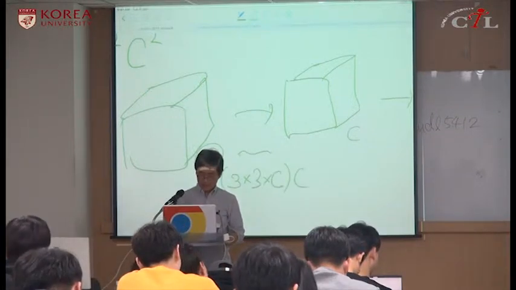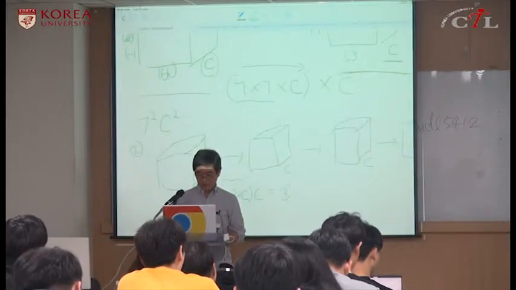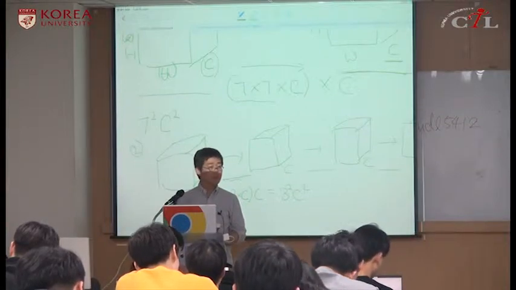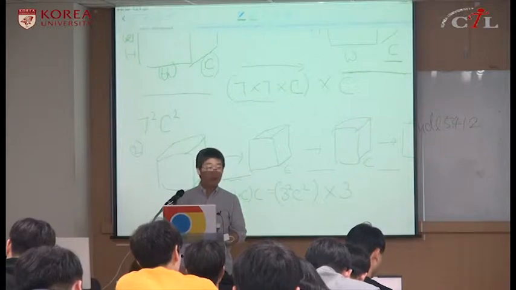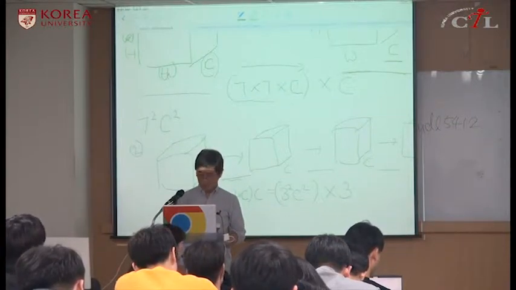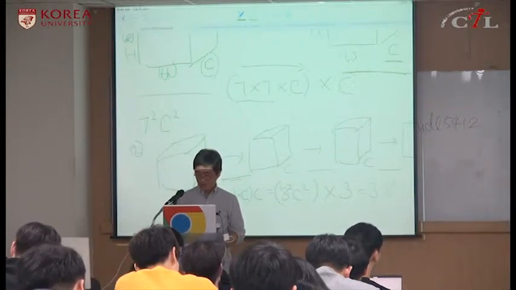So overall this is 3 squared C squared, and we need 3 different layers, so we need 3 sets of this many parameters. Overall, 3 times 3 squared C squared.